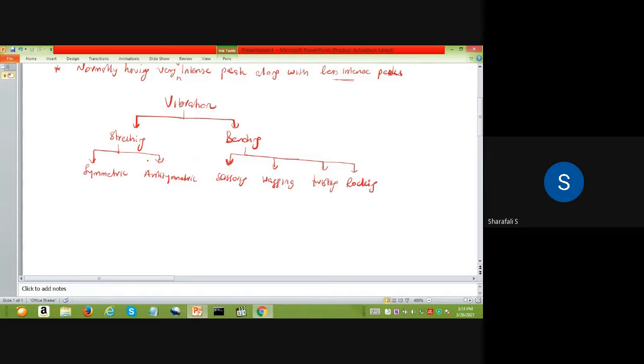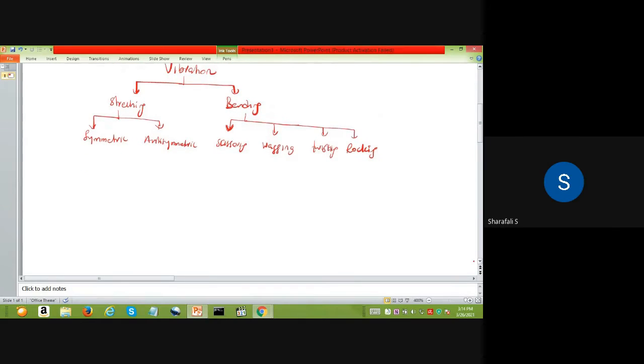Then they absorb that IR radiation and start vibrating. Okay. For example, consider the formaldehyde molecule. It has C double bond O, and we have hydrogen. Okay.